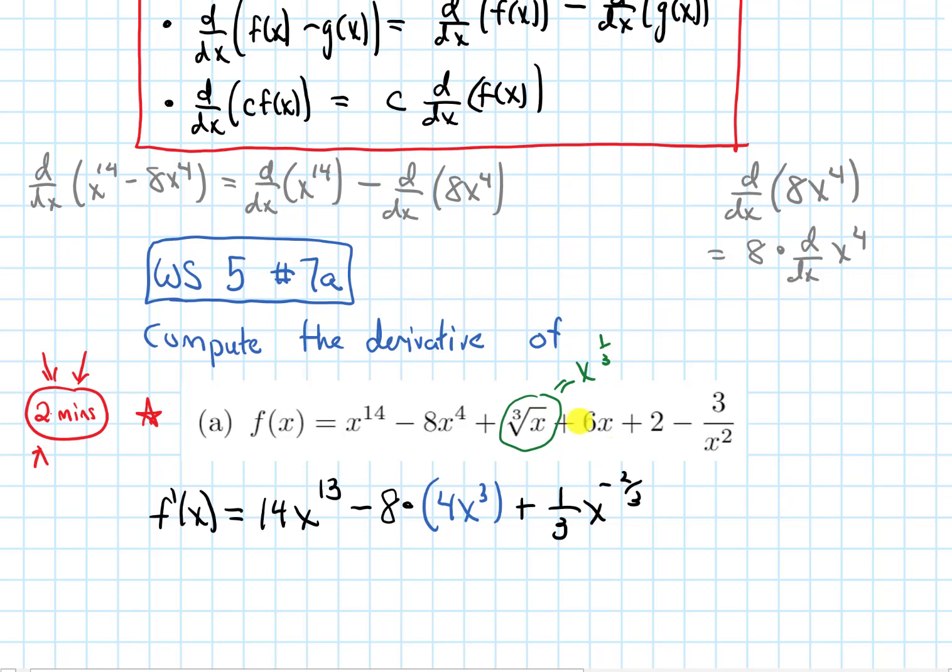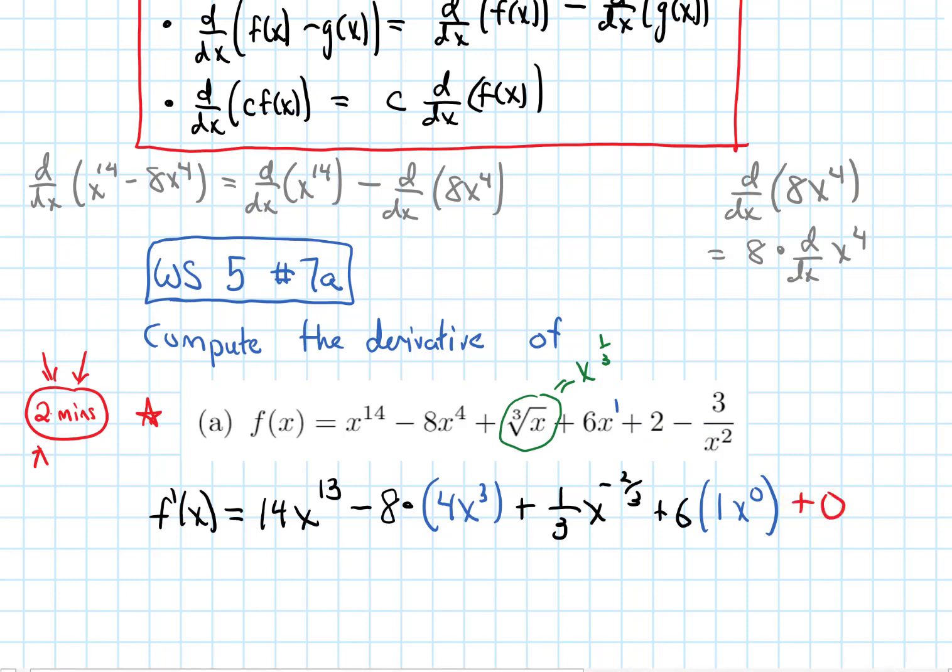I'm going to go a little bit more quickly now. The derivative of 6x is going to be 6, and then x is technically x to the 1, so the power rule gives 1 comes down, and then x to the 0. If you knew the derivative of x was just 1, you could have said that as well, because x to the 0 is just 1, so you get 1 times 1, which is 1. The derivative of 2 is 0, because that's a constant.